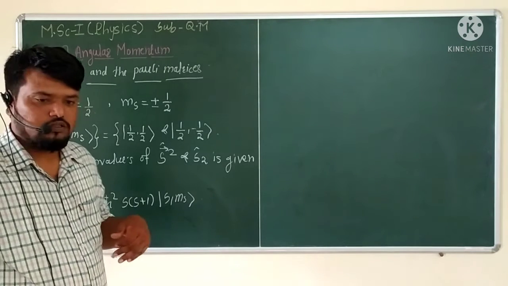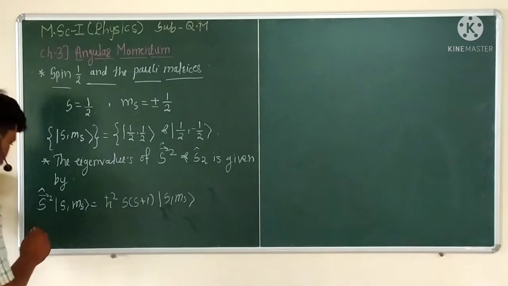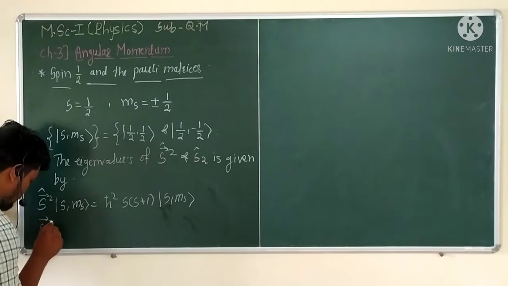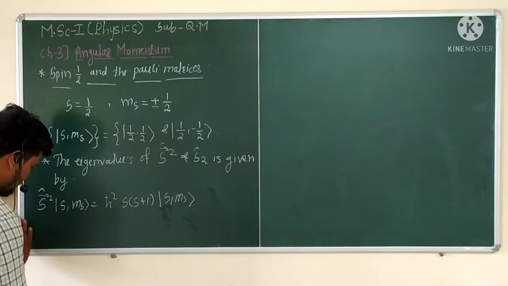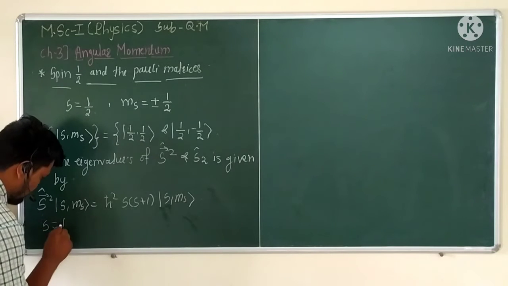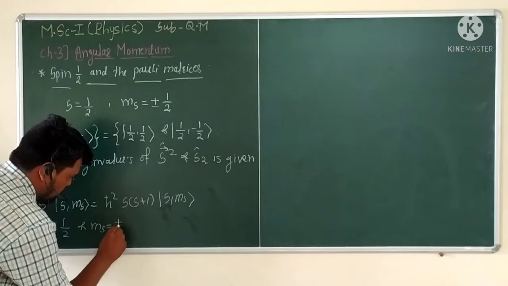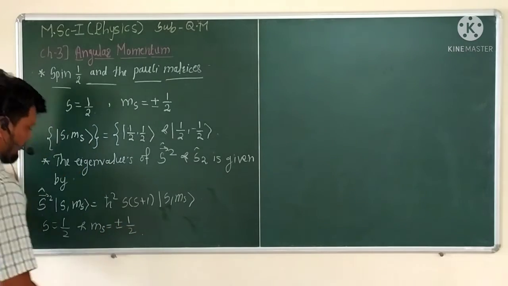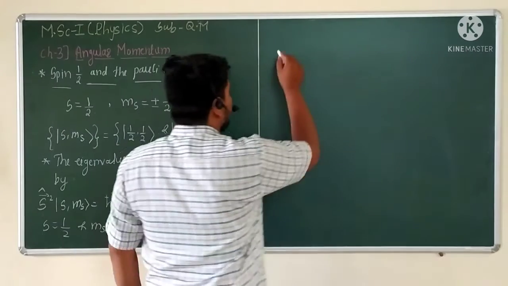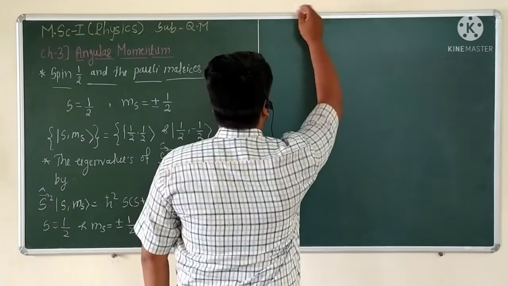If you put in the values, we have to know that s is equal to 1 by 2 and ms is equal to plus or minus 1 by 2.